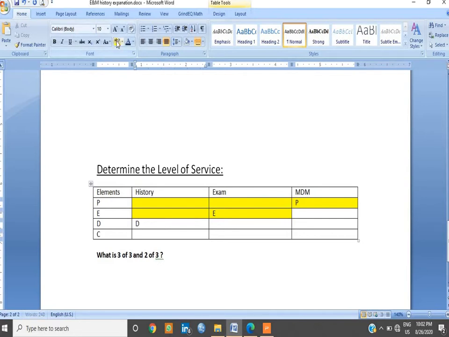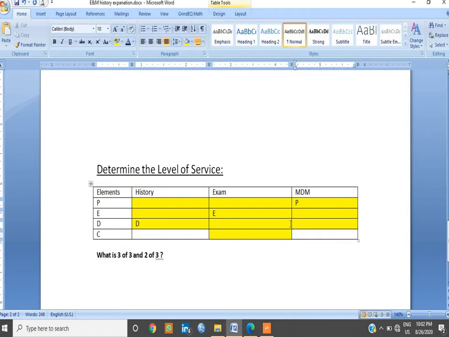Okay, D, and here we have comprehensive examination and moderate complexity.